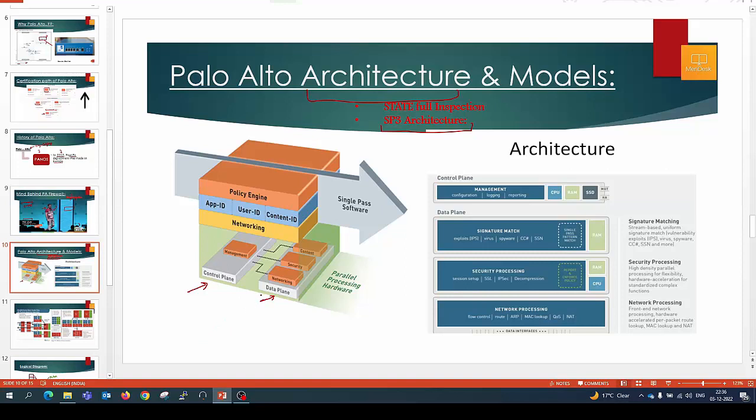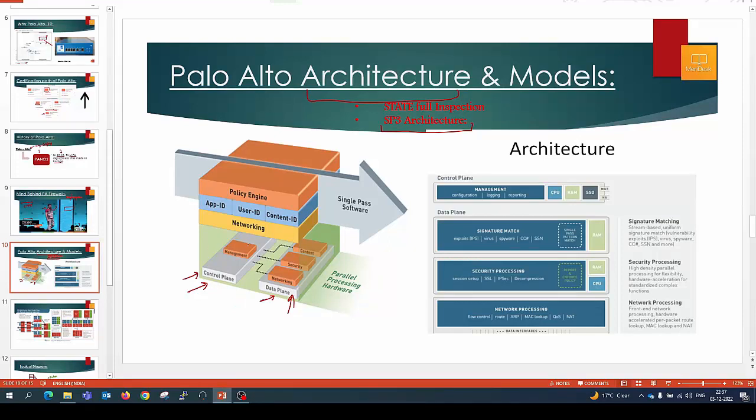All the user traffic processing happens in the data plane, and all the administrative work you do is done in the control plane. These two planes are totally independent from each other. The control plane is only for management purposes, and the data plane is only for processing traffic.